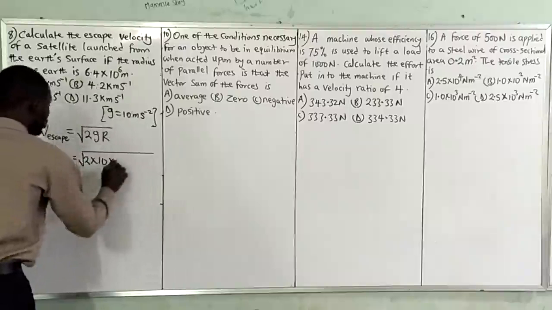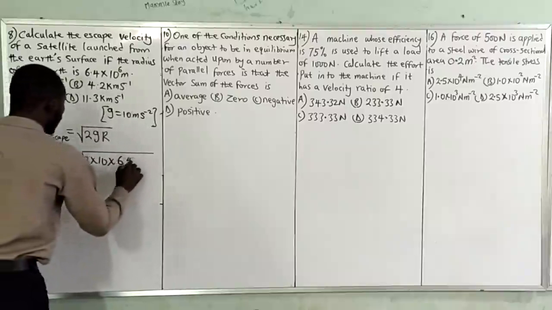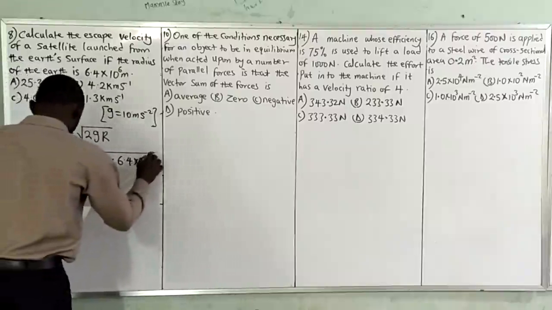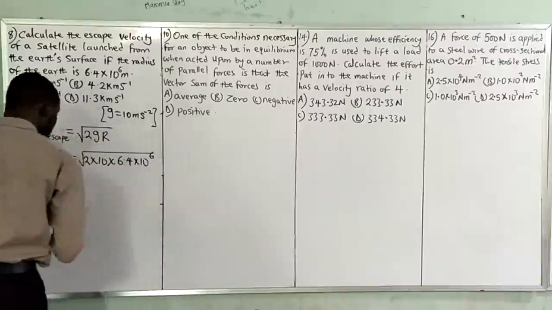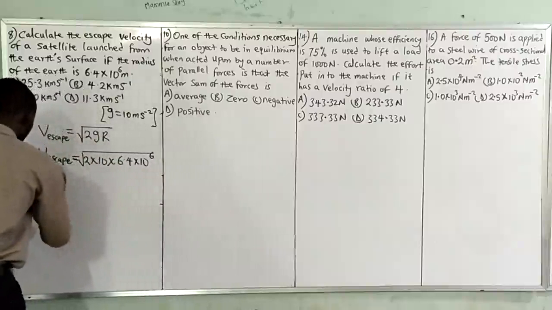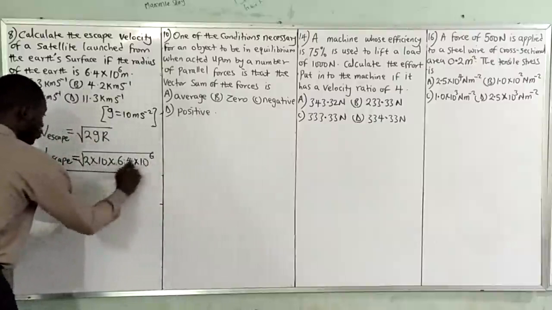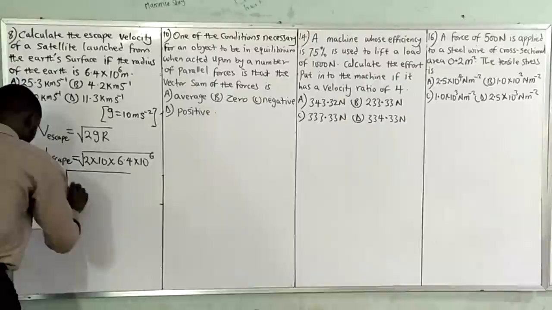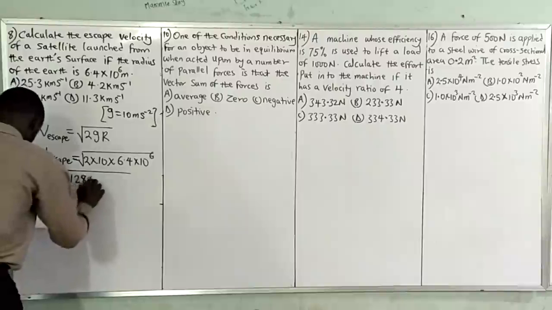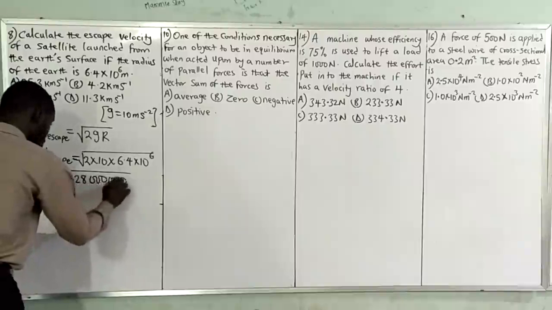To solve this, therefore, my V escape will be the square root of 2 times g, which is given to me as 10, times the radius of the Earth, which is also given to me as 6.4 times 10 raised to the power of 6. If you compute this properly, you will have 128,000,000.